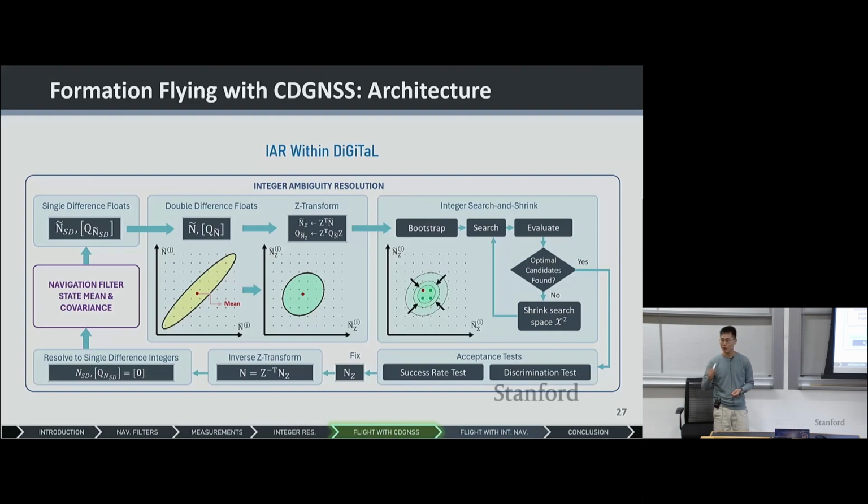That means you are very, very confident that this float ambiguity corresponds to this integer. So what happens if you're wrong? Your filter is going to be extremely confident that the integer you picked is correct, and it's going to force your state estimate to obey that integer that it thinks it should be.